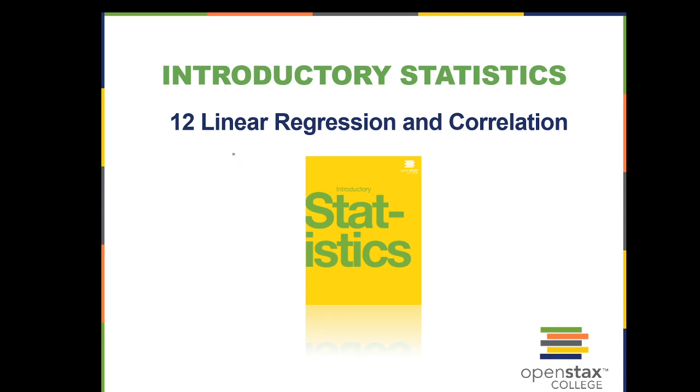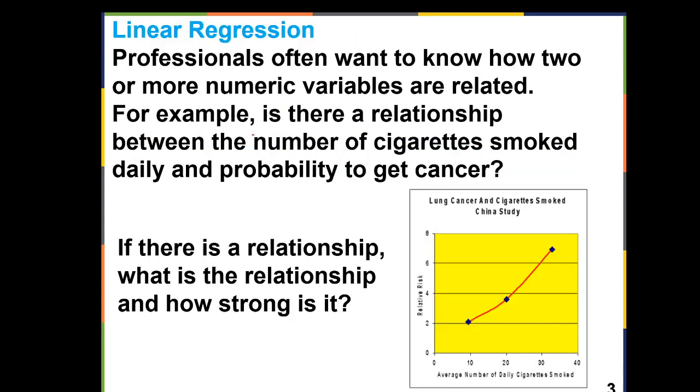Now we have seen this before, so I think I have shown you this graph. There are two variables involved. We did this in chapter 2 when we graphed the scatter plots. So we have two variables. The one variable here in this case is the number of cigarettes smoked, and then this one is the relative risk of getting lung cancer.